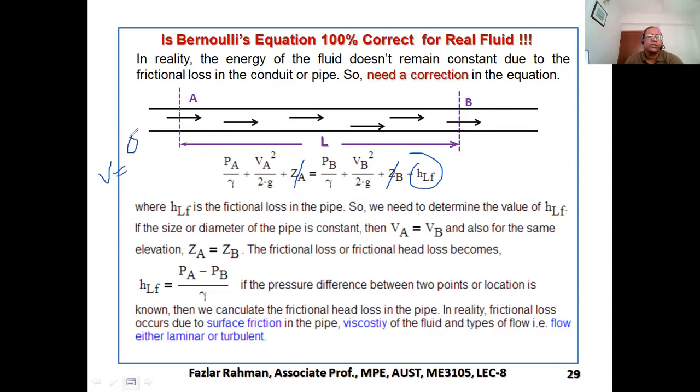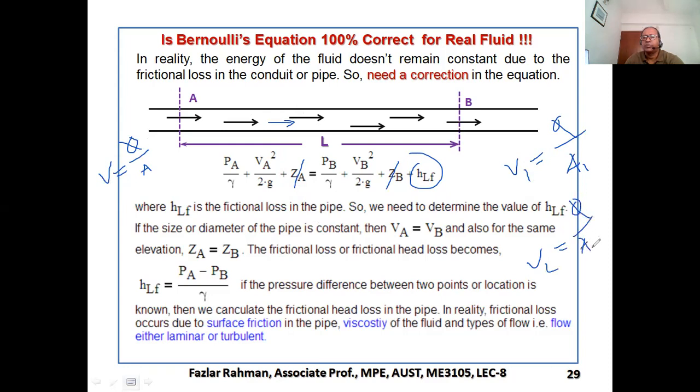if the diameter of the pipe is the same, then V will be how much? Velocity will be Q by A. The same volume of water or liquid is flowing through the pipe, so Q is the same. That means V1 equals Q by A1. Similarly, V2 equals Q by A2.